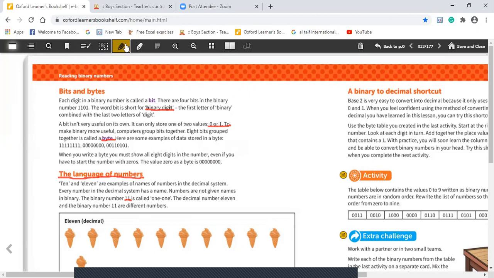We came to know binary base 2, decimal base 10 and octal base 8. While converting a binary number, we have to multiply by 2. If we want to convert a decimal number, we have to multiply by 10. And if we want to convert an octal number, we have to multiply by 8.